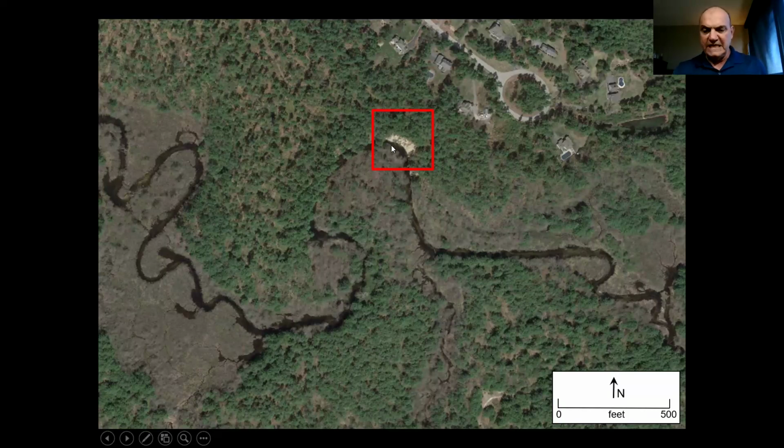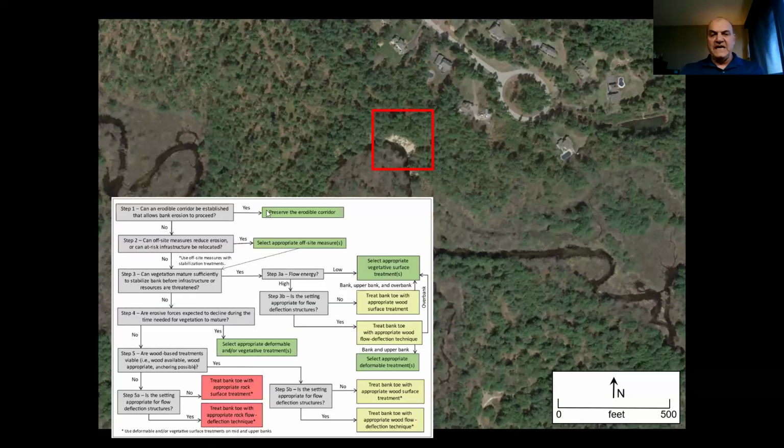But do we need to do any bank stabilization? Pasting in this chart here, can the erodible corridor be established? Is there any infrastructure that's threatened? The homes are 300 feet away. So I can jump ahead here.